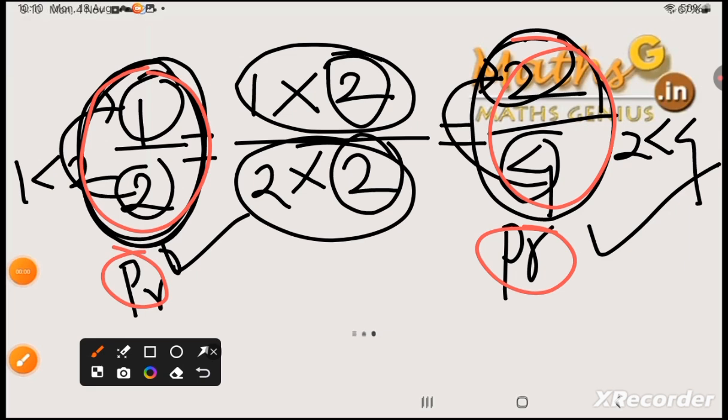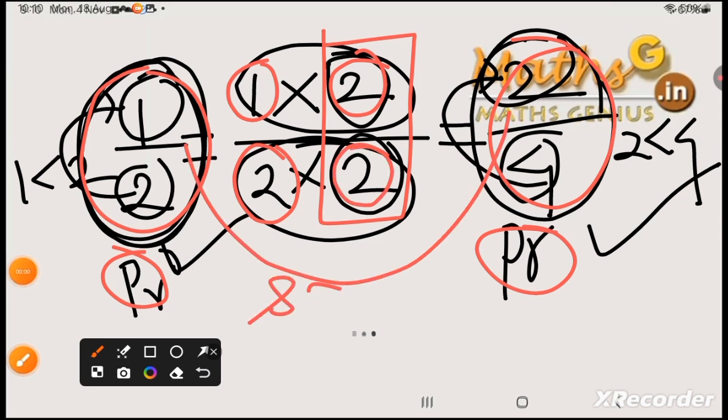Now let me tell you, because we got these two fractions only by multiplying the numerator and the denominator with the same number, these two fractions are the same by value.